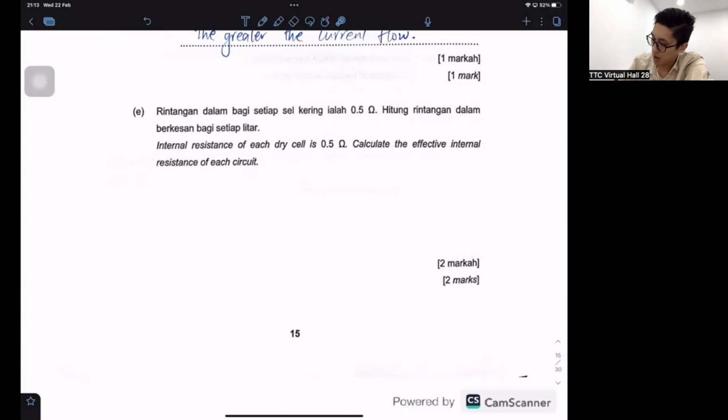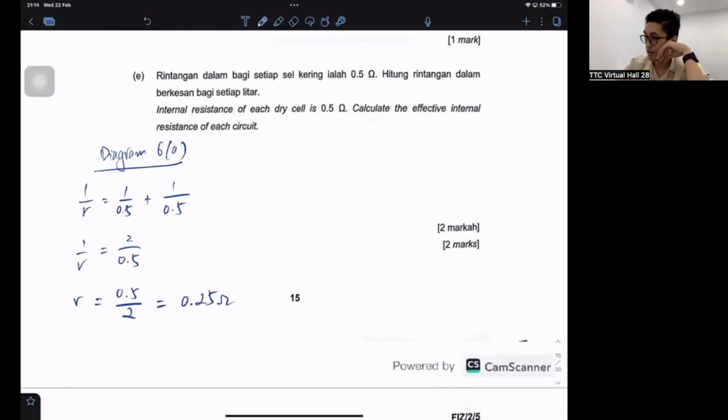So r is equals to, how to get, because this one is 1 over r. You cannot just calculate this, then you just say, oh, done. No, you must flip it around because I want r. I don't want 1 over r. So r is 0.5 divided by 2. 0.5 divided by 2 is 0.25 ohms.